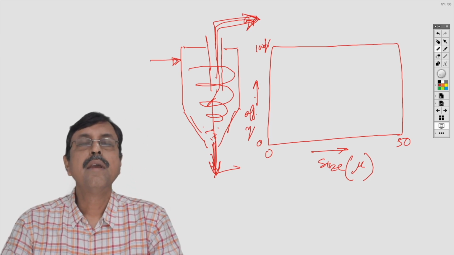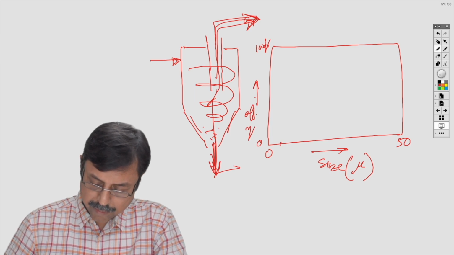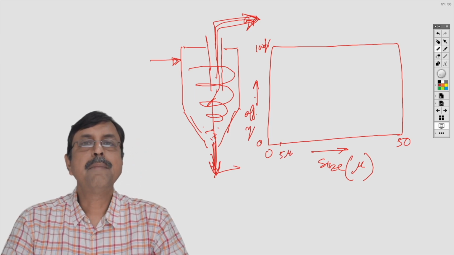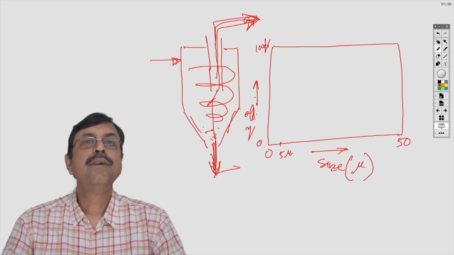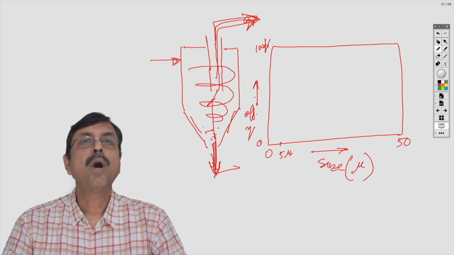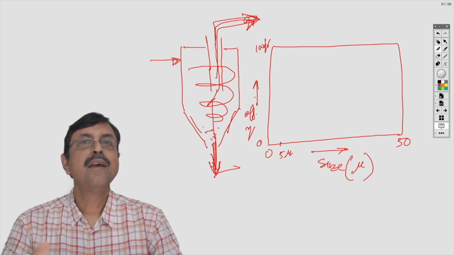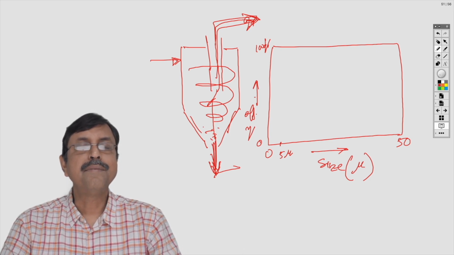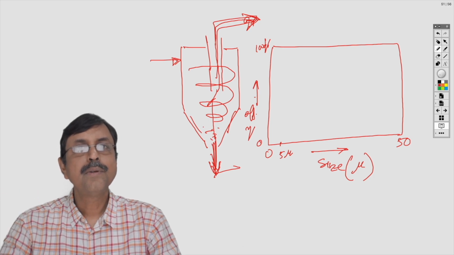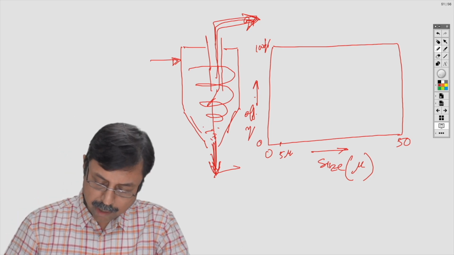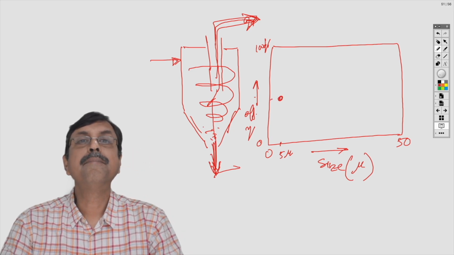Now, suppose this is 5 micron and we perform some experiment and we find that 50% of the particulate matter having the size 5 micron and above come through the bottom product. So we will plot somewhere here. This is the 50% scale.